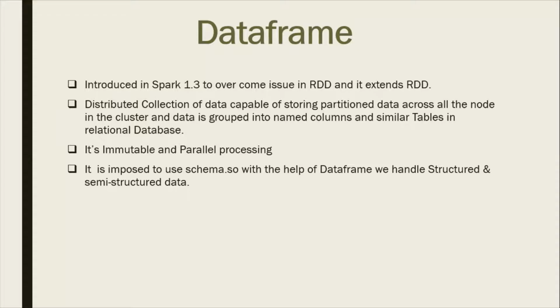If you try to insert any other type, it throws an error, right? Similar to that, it follows the same structure. The semi-structured data like JSON is one of the best examples.